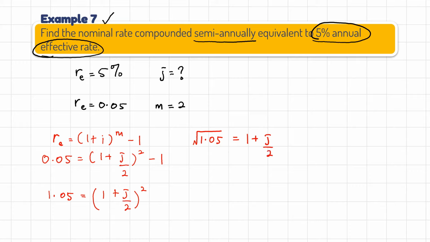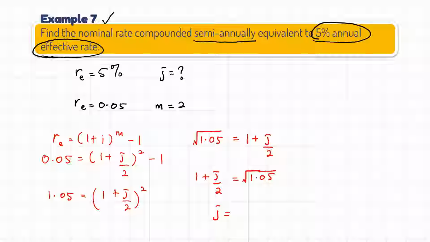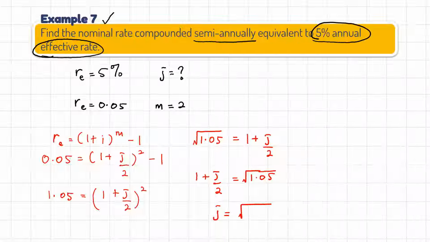Just swap the place, right hand side to the left hand side. 1 plus j over 2 will be equal to the square root of 1.05. Simplify the equation, you will get j equals the square root of 1.05 minus 1, and everything needs to be multiplied by 2.